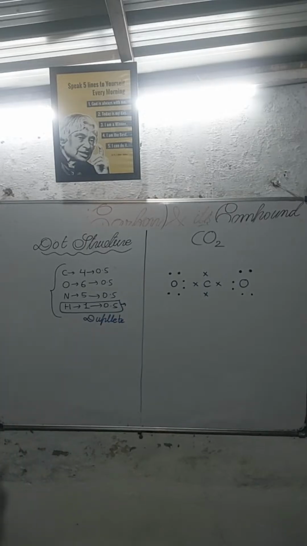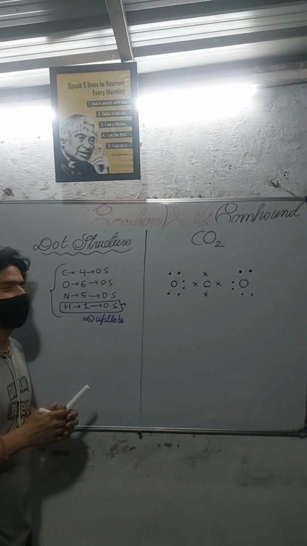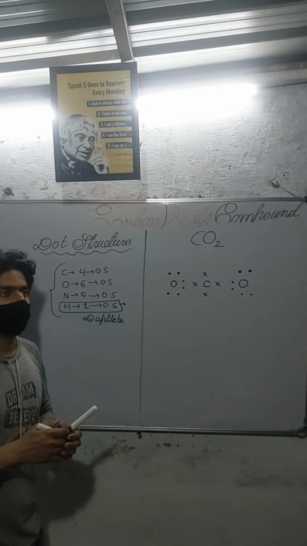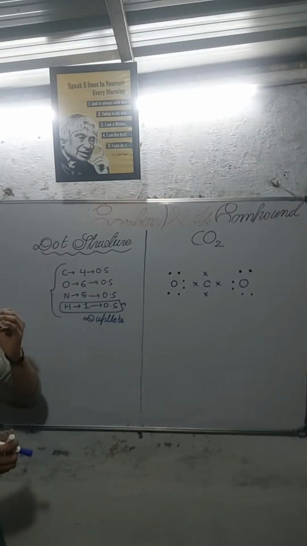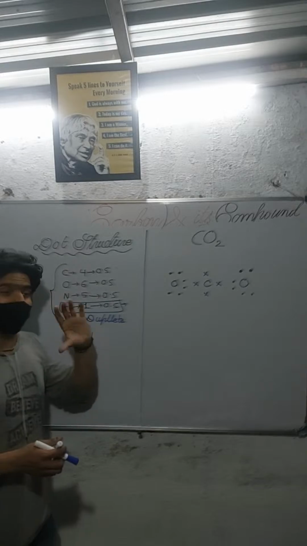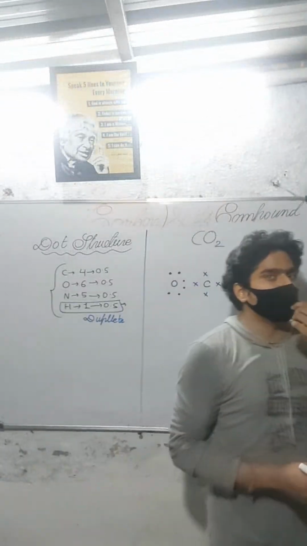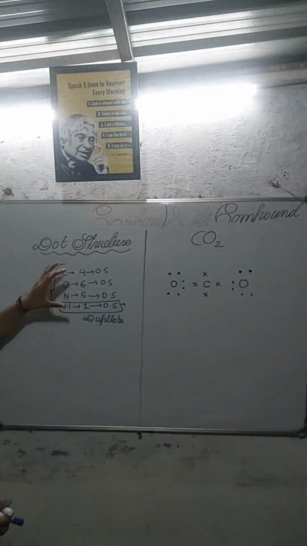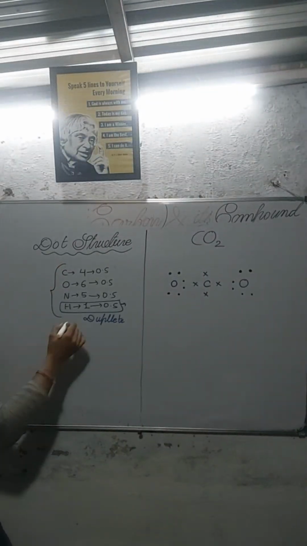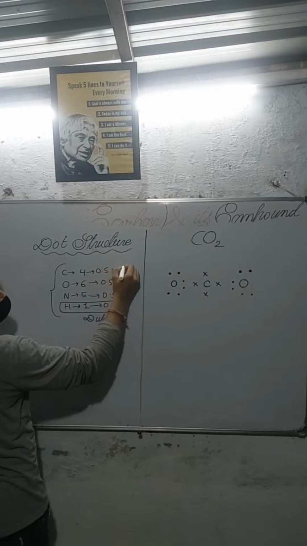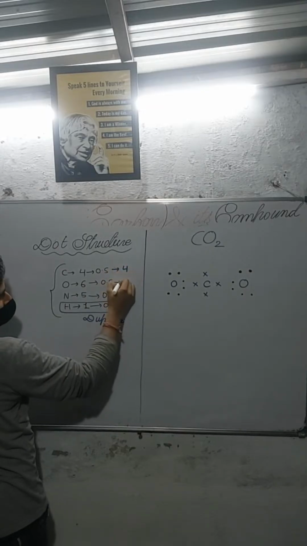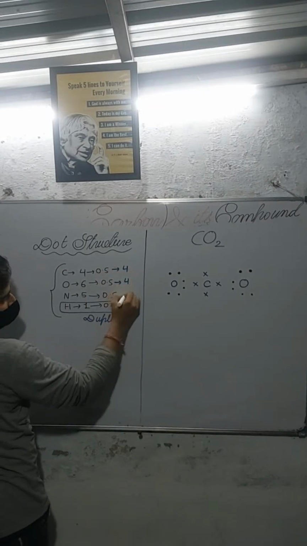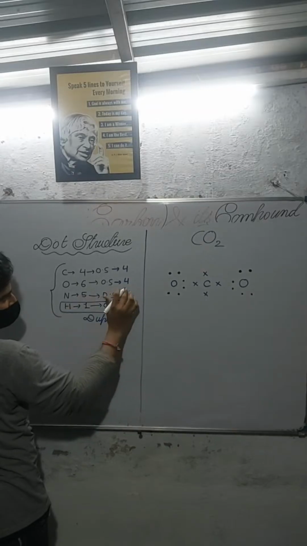Hydrogen is the only duplet atom. Duplet means it requires only one more electron. It only needs one electron. Apart from this, carbon requires 4 more electrons, oxygen requires 2 more, and nitrogen requires 3 more.